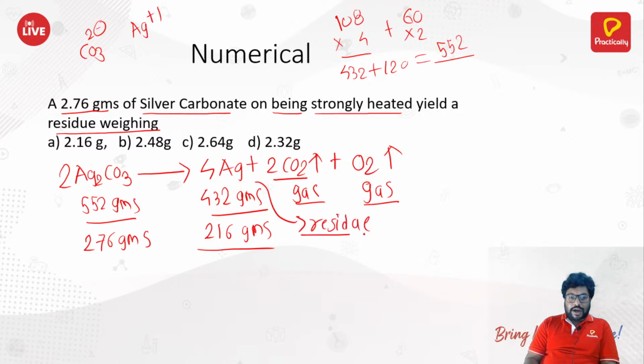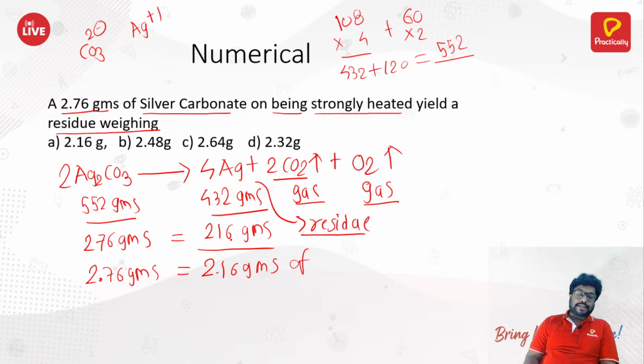As I have told you earlier in the last lecture, residue is the amount of solid that is formed. So if 276 grams of silver carbonate gives me 216 grams of residue, then for 2.76 grams, taking the decimal two places behind, silver carbonate would give me 2.16 grams of residue. If you move the decimal two places here, here also you need to move it two places.